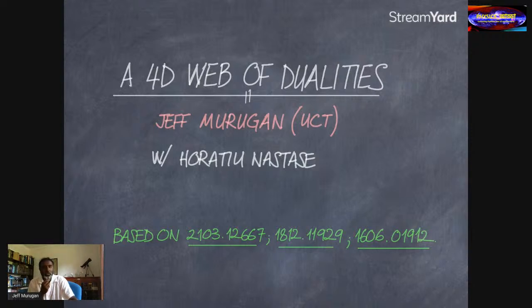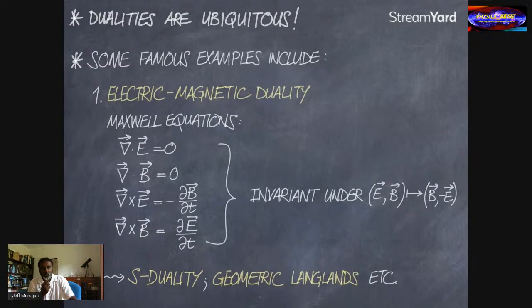Okay, so let me start off then by talking a little bit about dualities in a very general sense. It's usually sold as some mystical thing that takes place in high energy physics, and we tend to hold it in great esteem. But it turns out that the idea of dualities actually goes back a long way, all the way to Maxwell's equations.